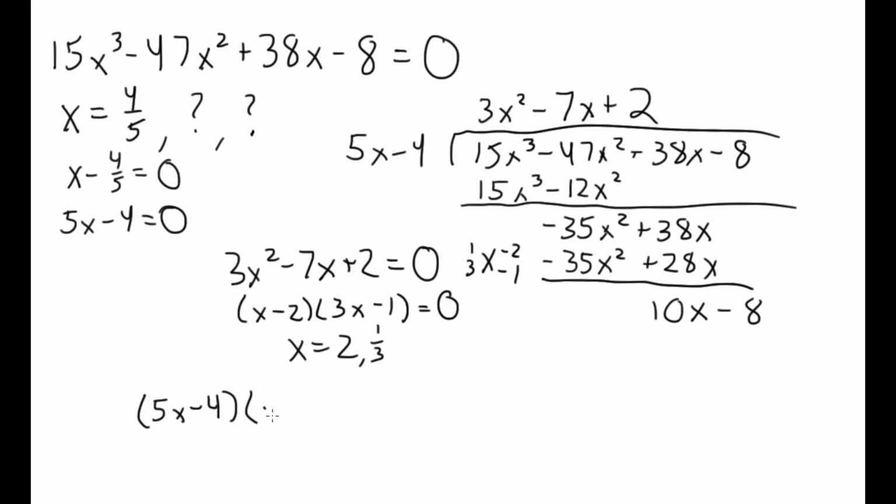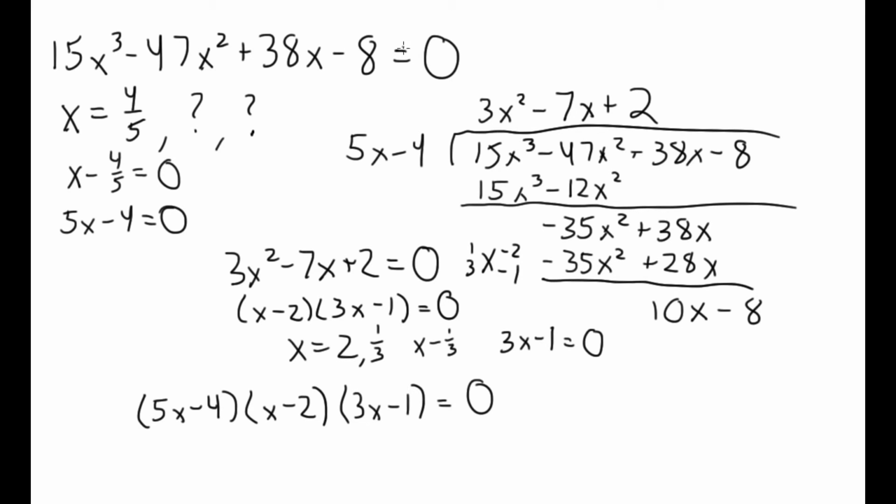From 2, we'll create x minus 2. And with this root of 1/3, we wouldn't want to have a fraction. So instead of saying x minus 1/3 for a term here, we would multiply both sides by 3 and get 3x minus 1. So that's what we're going to put in here. So this is the root form of this equation.